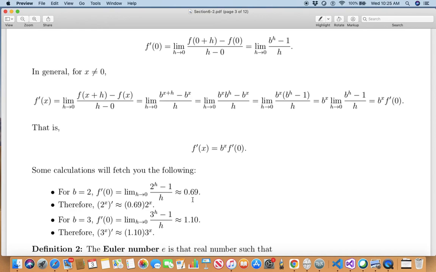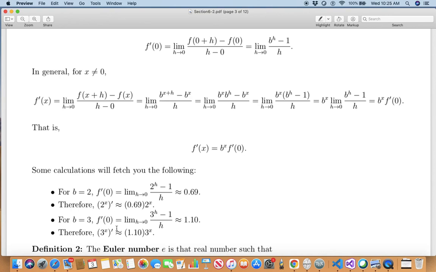All right. Likewise, when base is 3, use your calculator, and find different values as h approaches 0. h can be 0.5, 0.4, and so on, right? You will see that this limit approximates to 1.10. 1.10 is the derivative at 0.